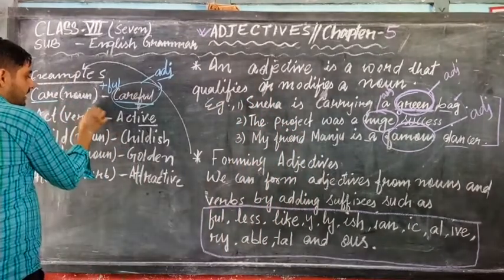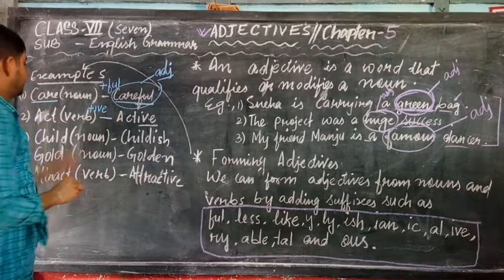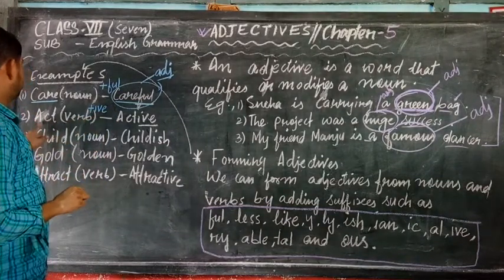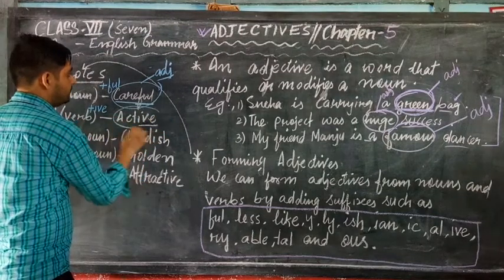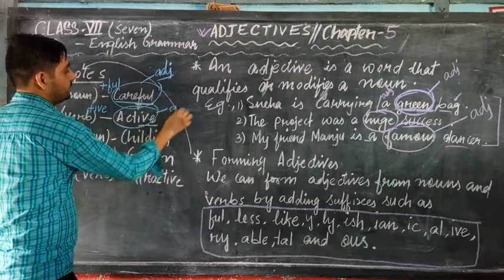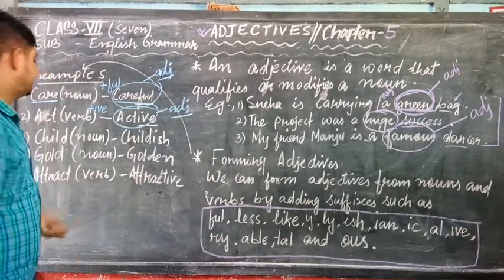We can use ive. After adding ive to act, it becomes active, and this active is now an adjective.